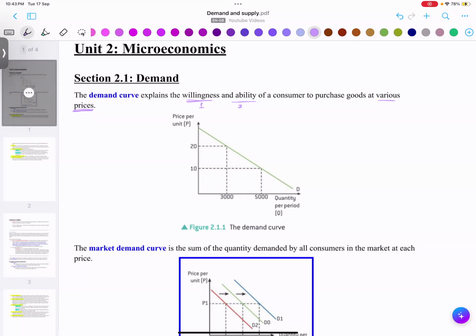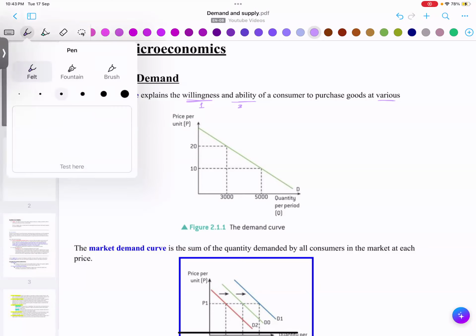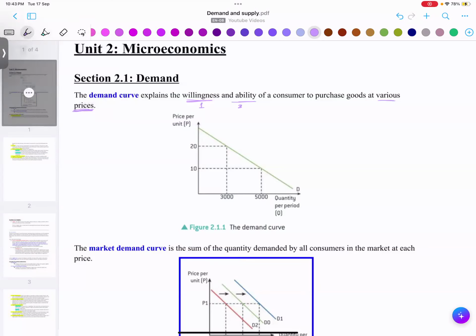So here we have the demand curve. As we can see, it is downward sloping. Why? Because there is a negative correlation between price and quantity per period, meaning that the higher the price is, the lower the quantity per period is.